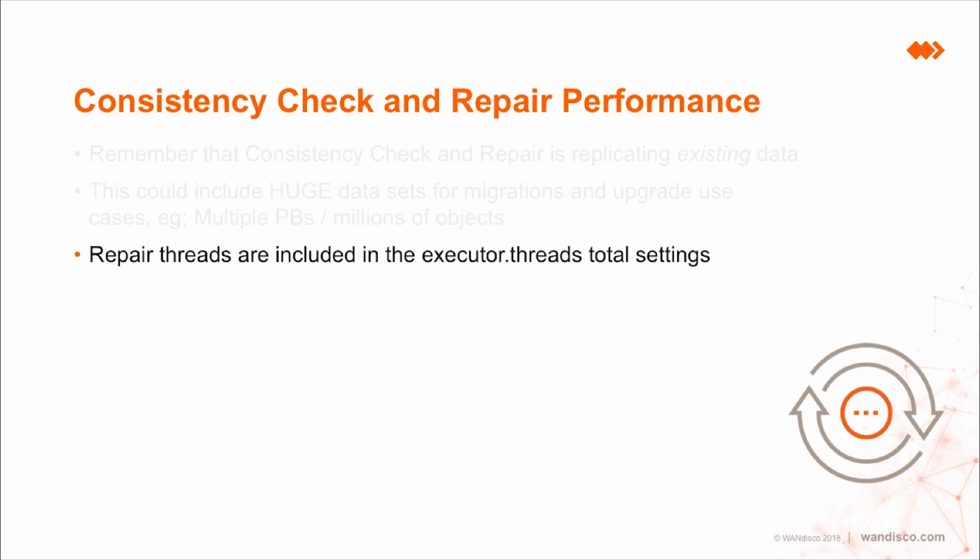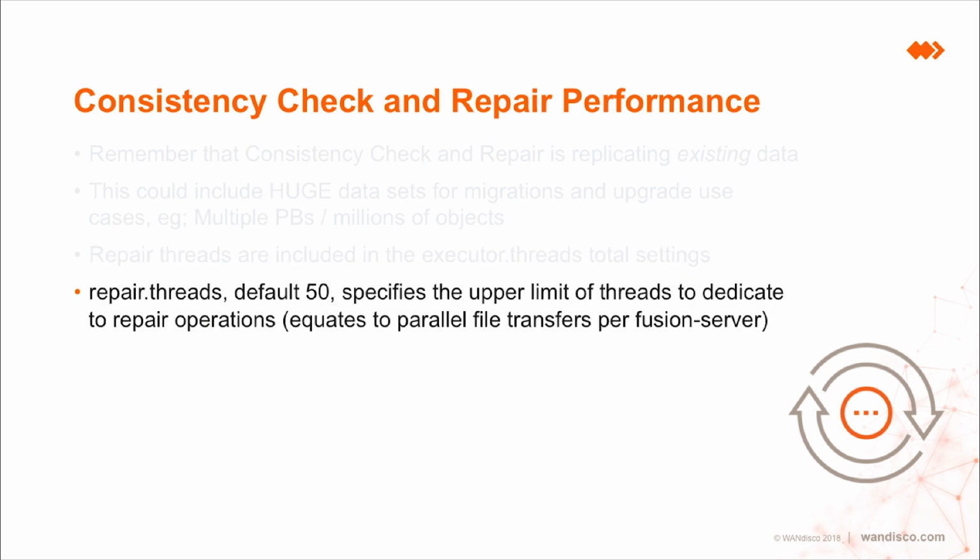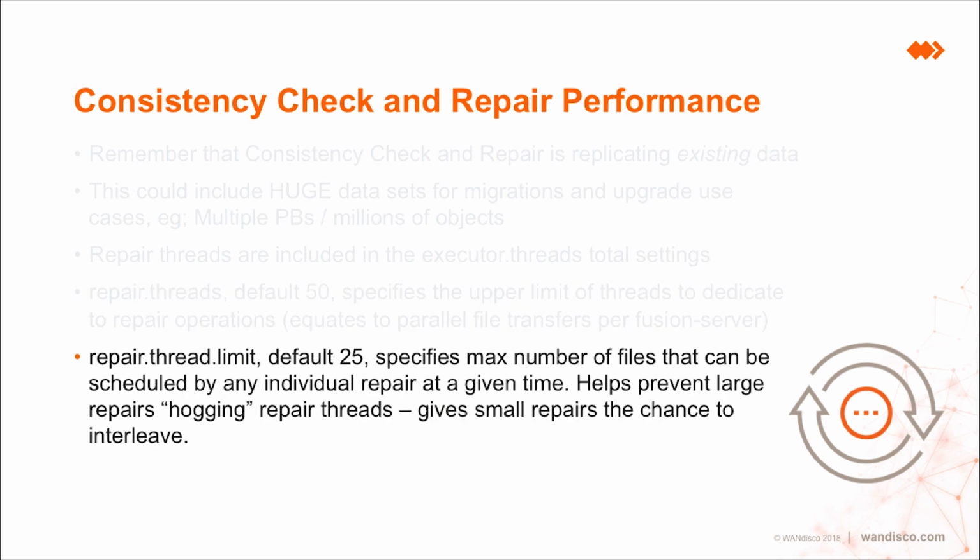Repair threads are included in the executor threads total settings. Repair threads default to 50. This specifies the upper limit of threads to dedicate to repair operations. The repair thread limit default 25 specifies the max number of files that can be scheduled by any individual repair at a given time.